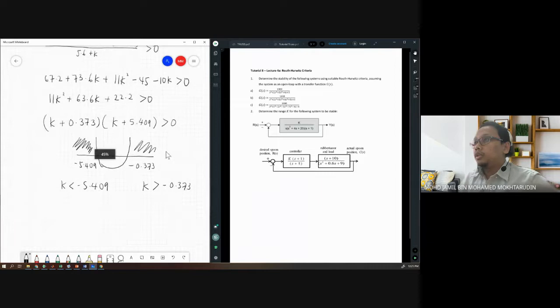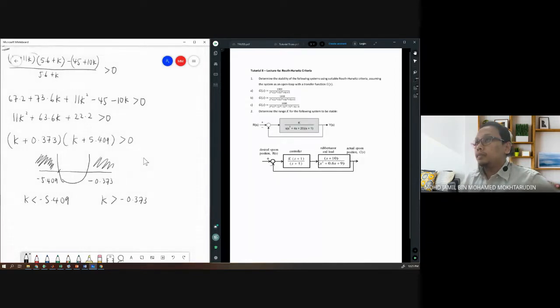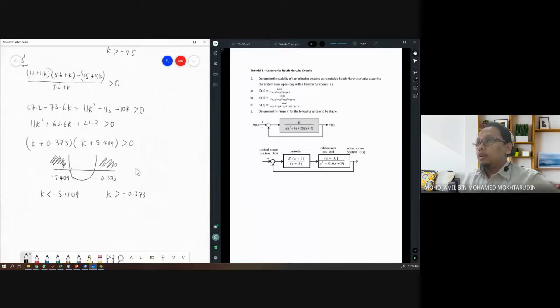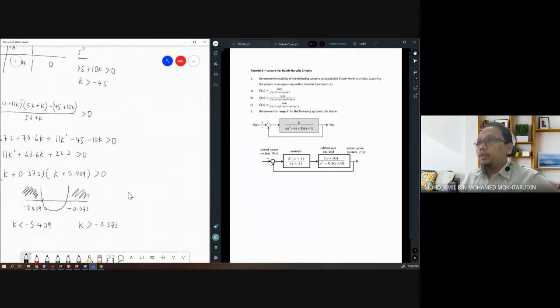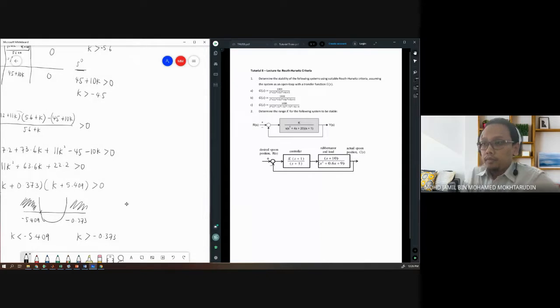Okay, so let's take all the values of k. So we have 4 different ranges of k. Now we need to combine all the ranges into a single range of k for a stable system. So you need to draw a number line. First we have negative 5.6, and k is bigger than negative 5.6.